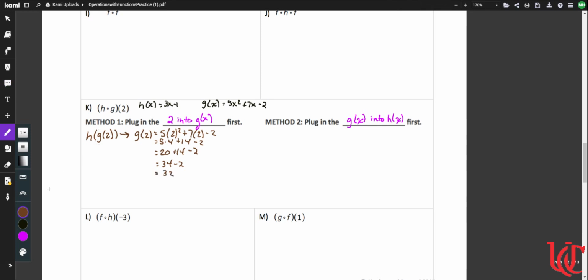32. So since g of 2 is 32, this is really just asking me to do h of 32, which equals 3 times 32 minus 1. 3 times 32 is 3 times 30 plus 3 times 2, which is 90 plus 6, so 96 minus 1 is 95.